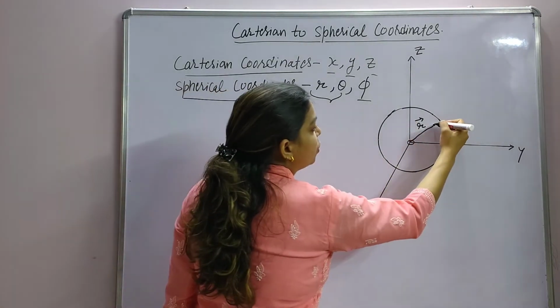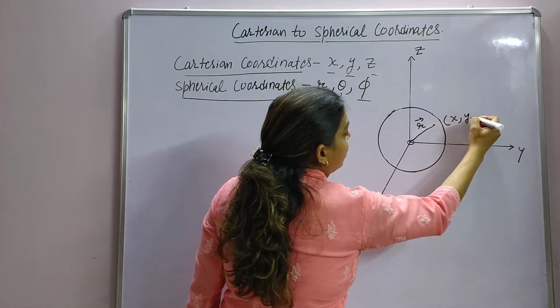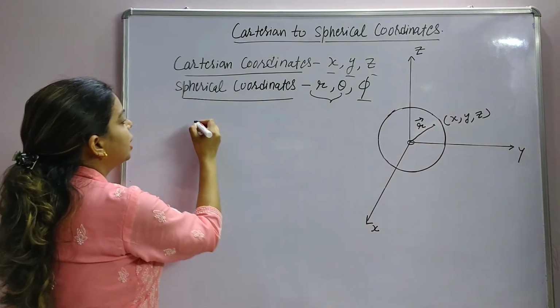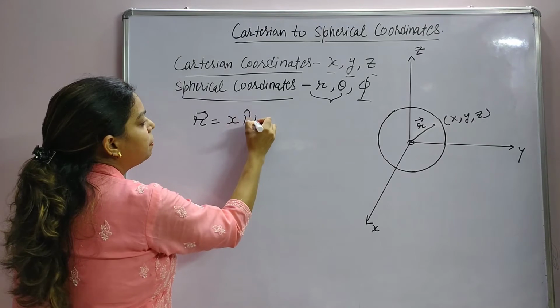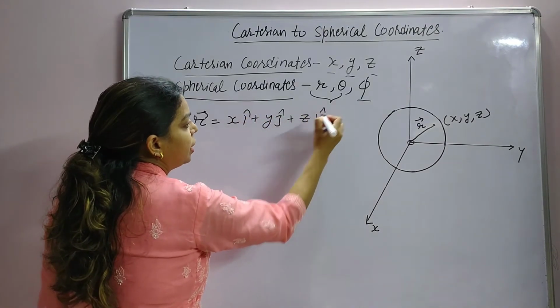In Cartesian coordinates, the position of this point will be x, y and z. And we have a relation. The vector r can be given as x i cap plus y j cap plus z k cap.